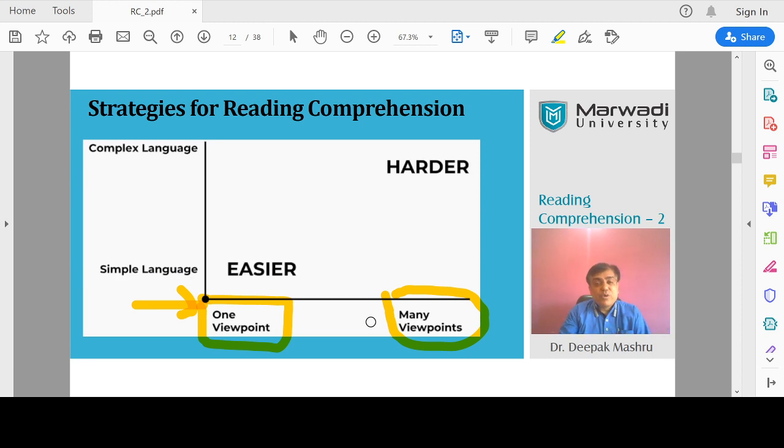But if a question is asked about business, which is something you never thought of, you are from an engineering background and business is related to commerce, it will be difficult for you. I'm talking about the complex language.